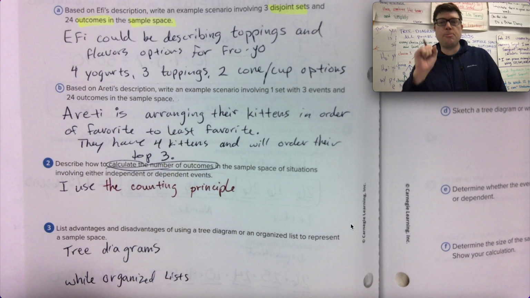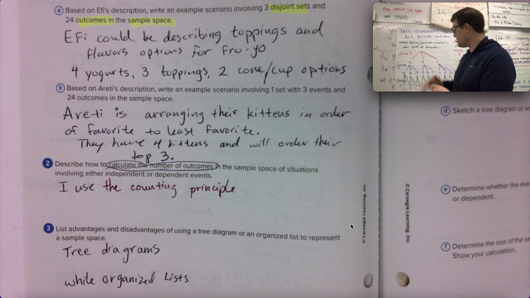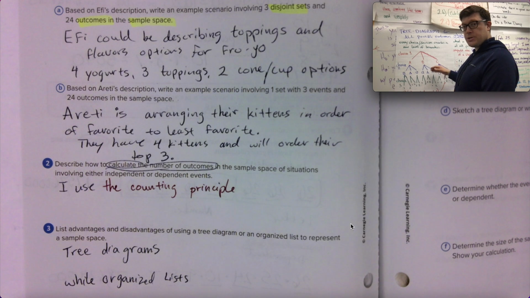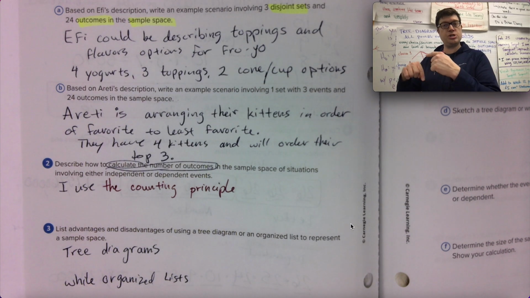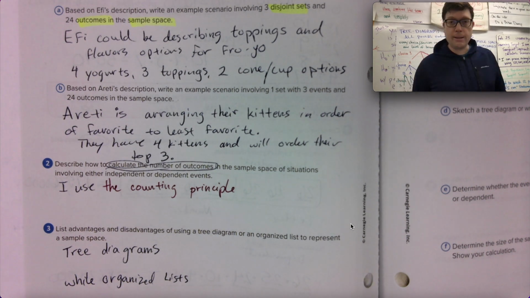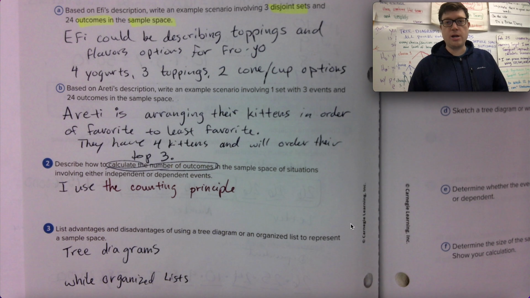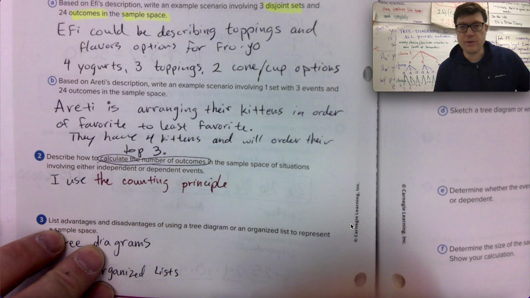The counting principle means that you multiply your options and then the next level's options, and then the next level's options, and every time that you have a new decision or action to choose from, you are multiplying by the number of possible scenarios that could happen at that level. And when you're done, you have the total number of outcomes.